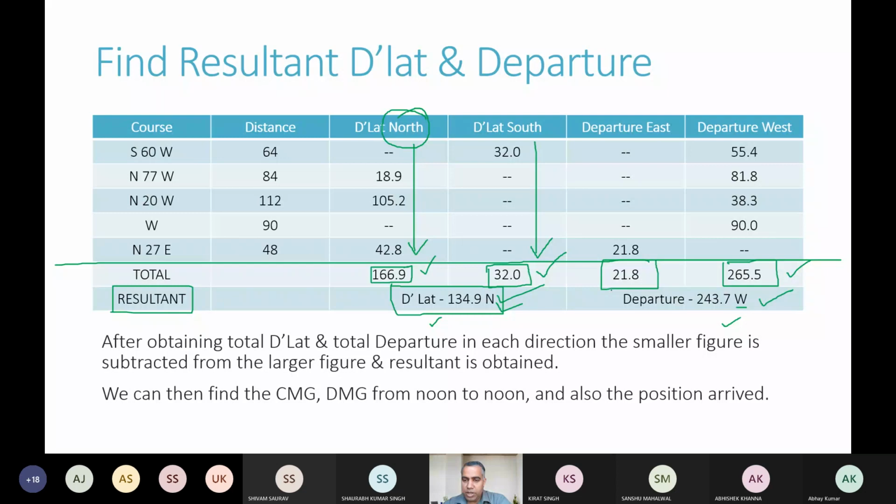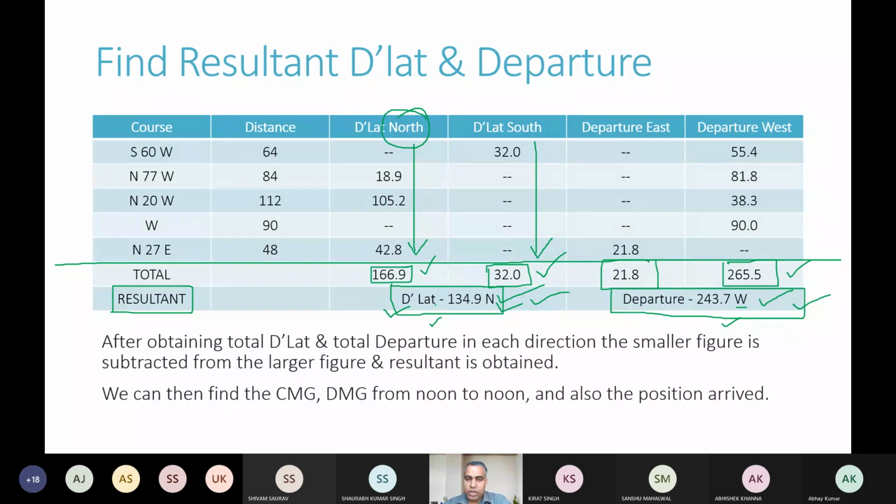Okay. So now tell me, beta, up to finding DLAT and departure, any doubts? Resultant DLAT and resultant departure we can calculate. Yes, sir. Now beta, as soon as we have both, we have the departure and we have the DLAT. Now it is very easy to find the final position. This DLAT, apply it to your initial latitude.